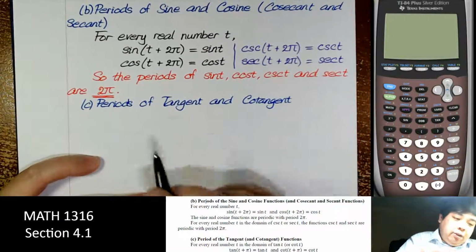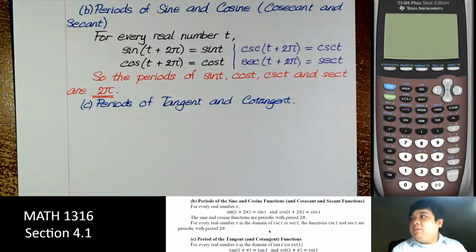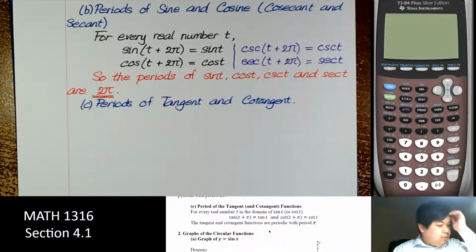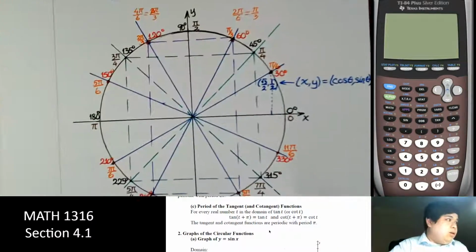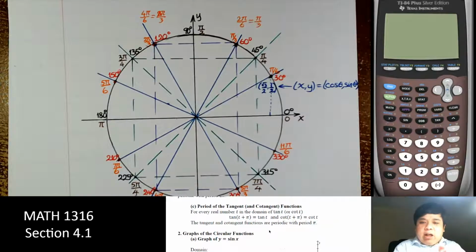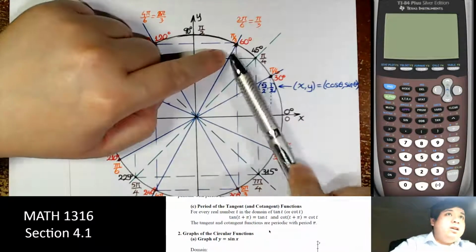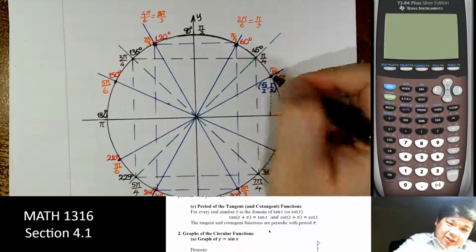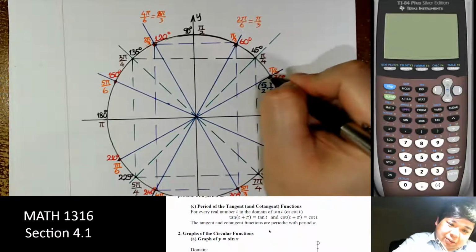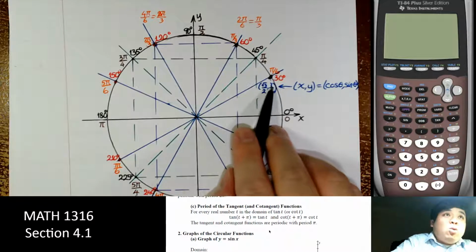Period of tangent and cotangent. Now, I have to go back to the unit circle again. Let's look at a point, for example. Never mind, let's focus on this point. The x value is square root of 3 over 2. The y value is 1/2.